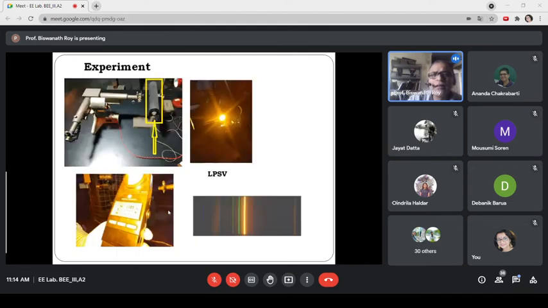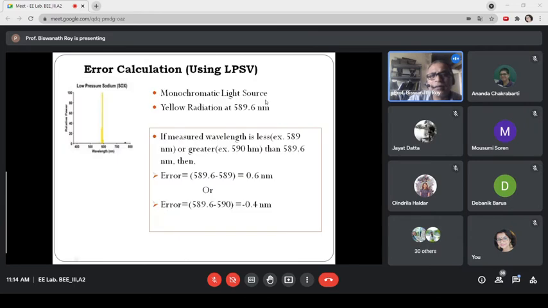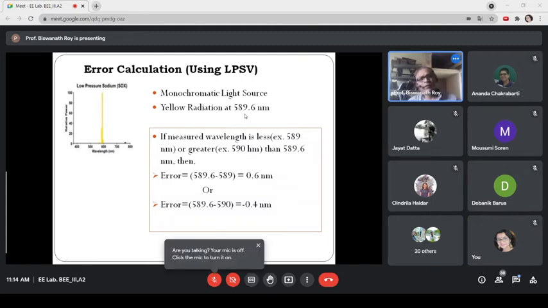And we know, what is the true value of the yellow radiation? It is 589.6. It is the true value of the yellow radiation. During experimentation, we can get a different value or the same value.